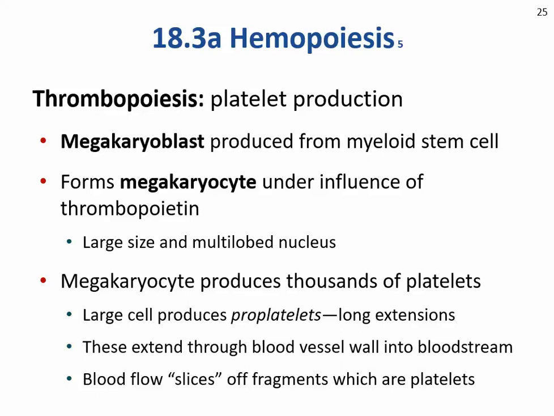Now, this cell gets so big that it starts to push on the walls of the capillaries of the bone marrow. In the bone marrow, the capillaries that pass through the bone marrow, and this doesn't happen in the blood, this happens in the interstitium of the bone marrow, the cells get bigger and bigger and bigger, and they're pushing against the wall of the capillaries.